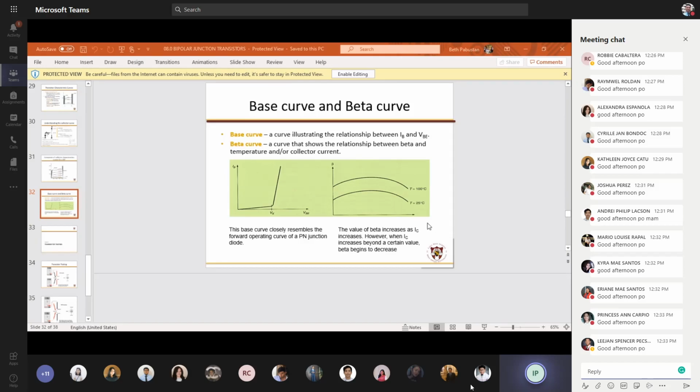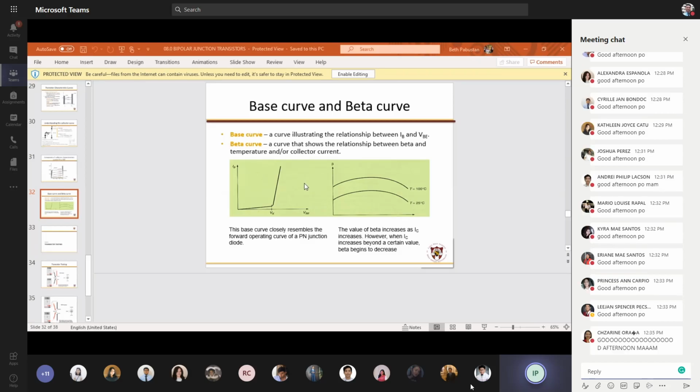Now, here you will see that this is your beta curve. This is beta versus IC. So the beta or the DC current gain increases as IC increases. Like here, this is your IC, this is your beta. As your IC increases, beta increases as well.